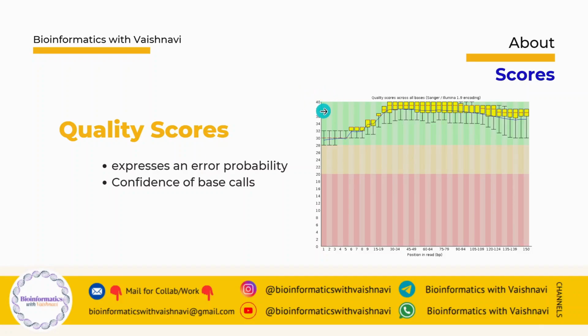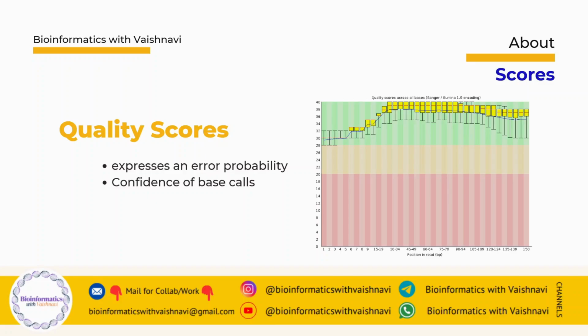See, in this graph, there are three divisions: first one green portion, second orange, third red. Most of the bases are in the green portion, which denotes very good quality data. If some bases go down to the red portion, that means base calling is poor. There are high chances of error, so we need to trim it.